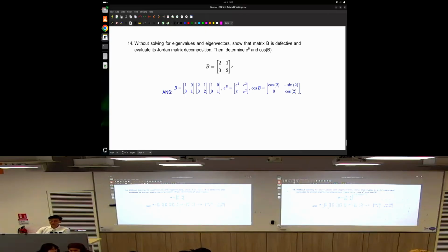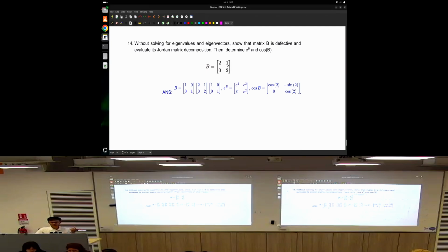What is the deal with this matrix such that I can immediately identify that it is defective? Any guesses? No? Then, okay, matrix B is defective because itself is J. Didn't you realize?